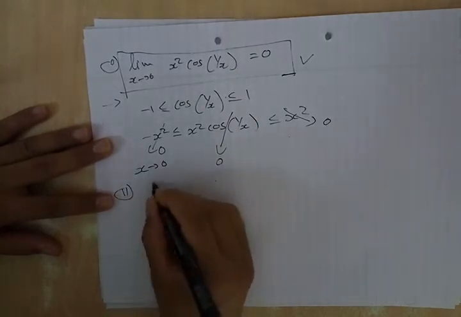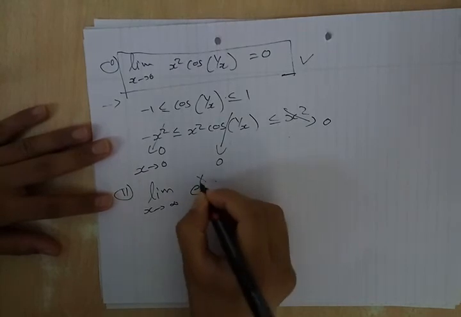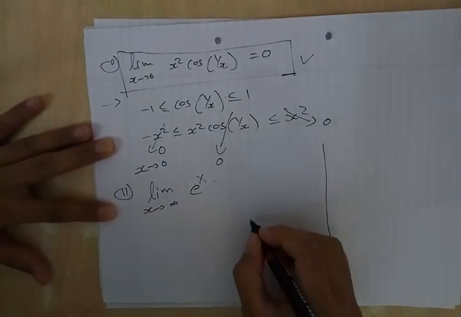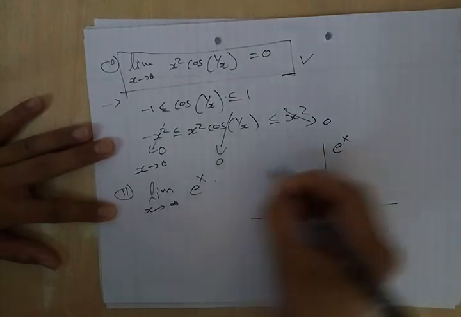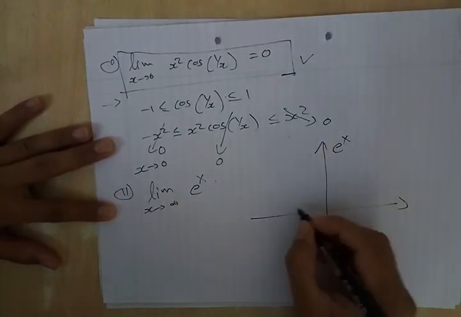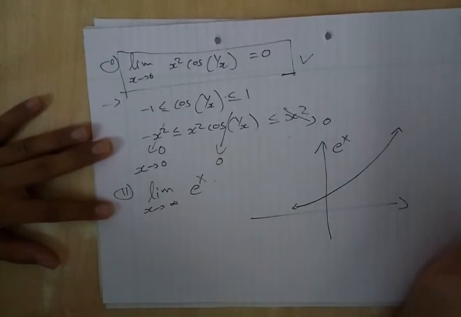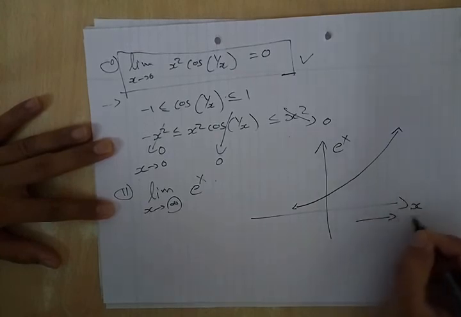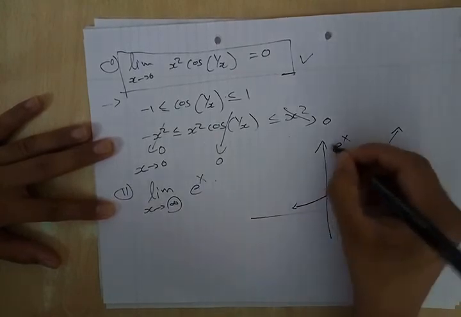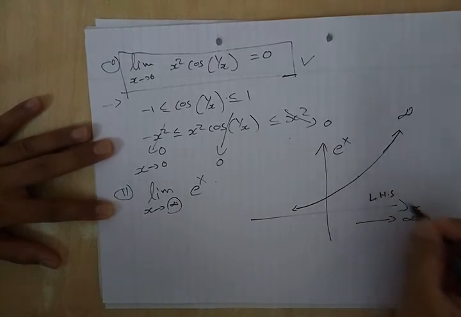Now let us look at the limit of x tends to infinity of the function e raised to x. The exponential function e raised to x has a graph which looks like this. So as x approaches infinity, this function also approaches infinity from the left hand side.